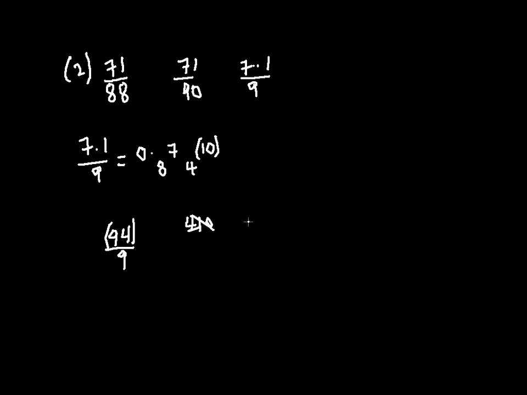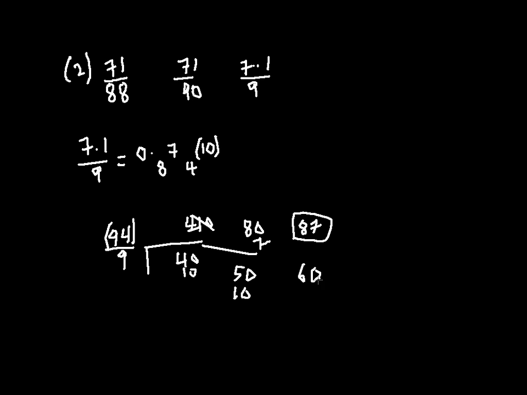What we did in the previous case is 80 plus 7, that is 87 is our base dividend before. In a similar fashion, 410 is not our base dividend, but 40 plus 10, 50 is our base dividend, which will get added to 10. So 60 is our final dividend.